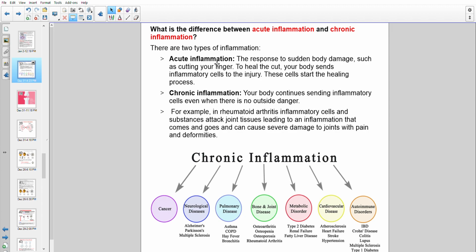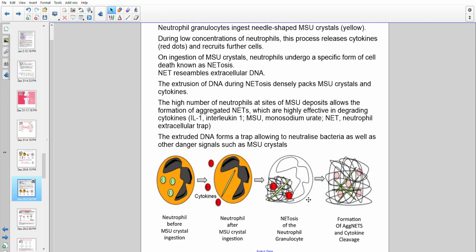So we want to stop it. Through the process that we talked about here, the ROS eventually breaks down the nets, and the cytokines are the ones that the other cells can carry to other parts of the body and cause chronic inflammation. The resolution of it, that's what we need. We need to stop it and not let it become chronic.